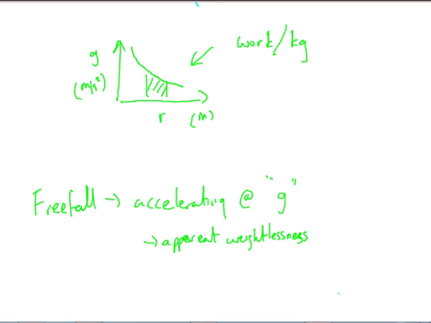That's because they and the object are both accelerating down at the same rate, so a normal reaction force is not possible. That's why you see astronauts in orbit appear to just be floating, because both the shuttle they're in and the astronaut are falling towards the Earth.